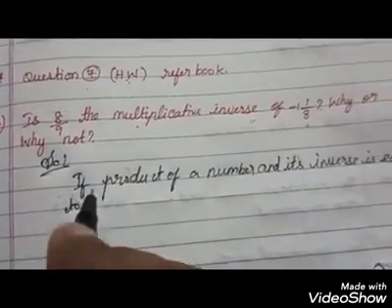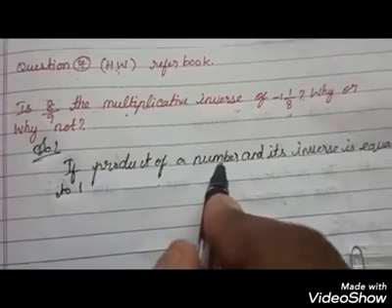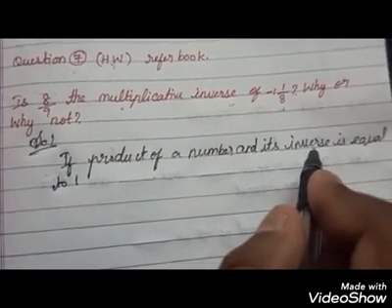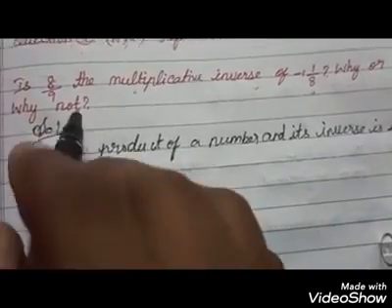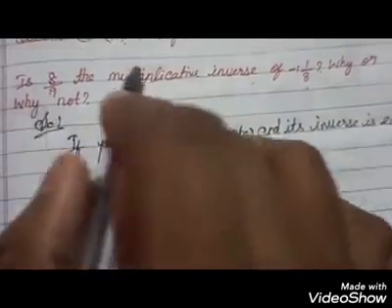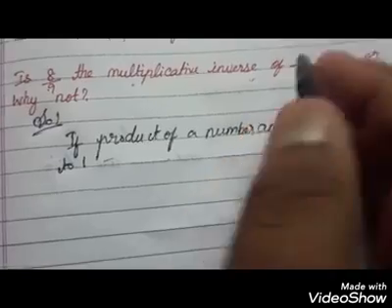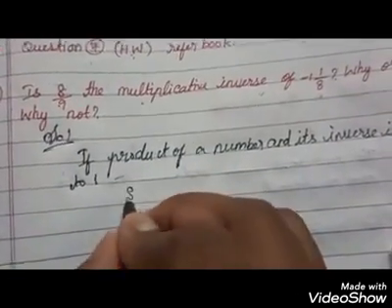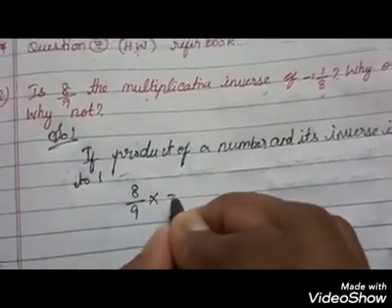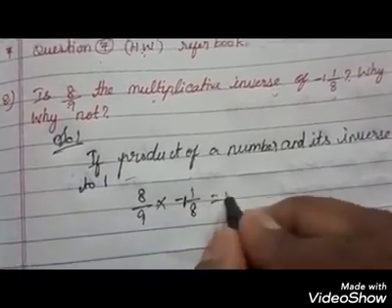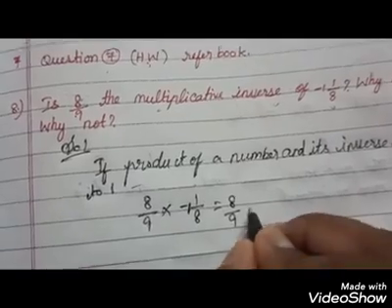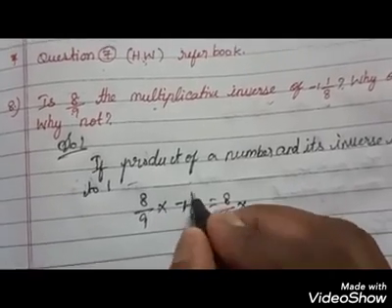This is the condition. So here they consider 8 by 9 is the inverse of minus 1 by 8. So now you have to multiply it. 8 by 9 into minus 1 into 1 by 8, which is equal to 8 by 9 into minus 1 and 1 by 8. 8 ones are 8, 8 plus 1 is 9.